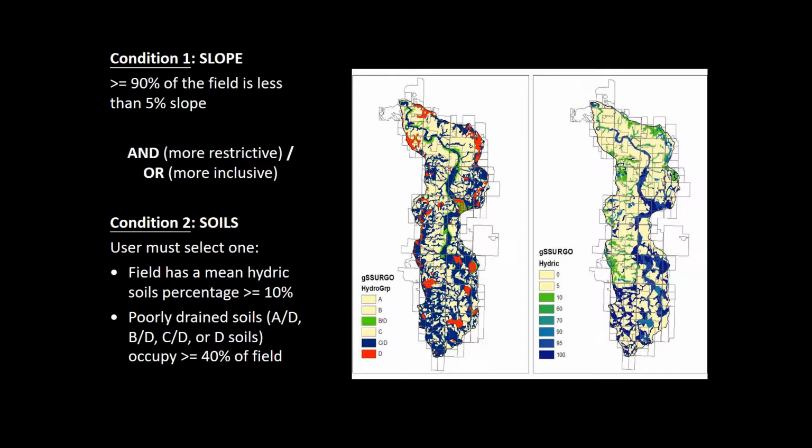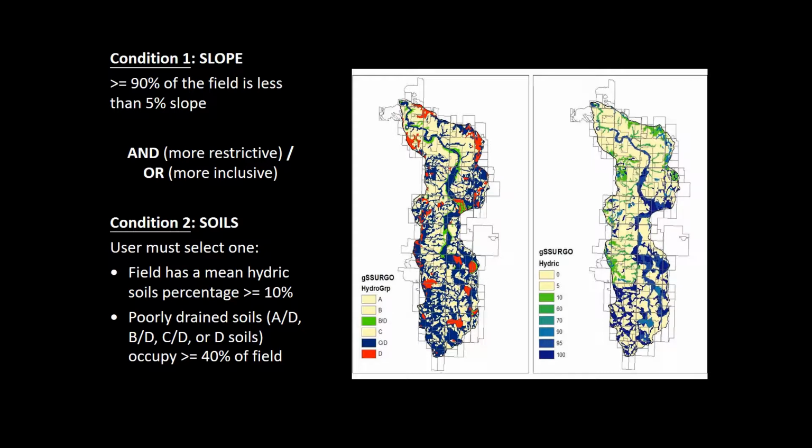Based on the user's knowledge of the watershed and how the soil survey was conducted, they'll have to make a choice between these two. On the right, you can see the difference between the D-class classification and then the 10% hydric classification.